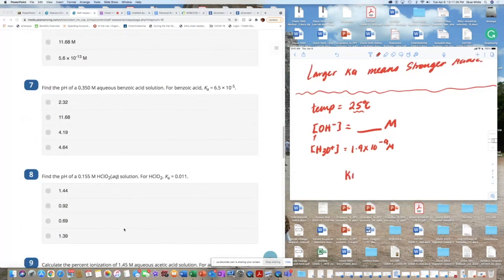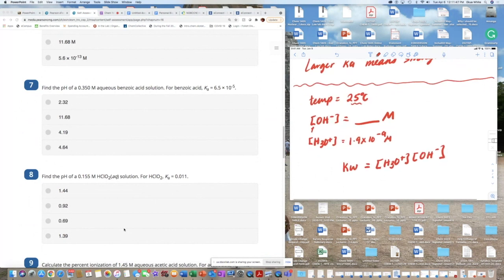So it is Kw is equal to H3O plus times OH minus. Okay. And then the Kw here has a specific value when the temperature is 25 degrees Celsius. That's why they included that in there.